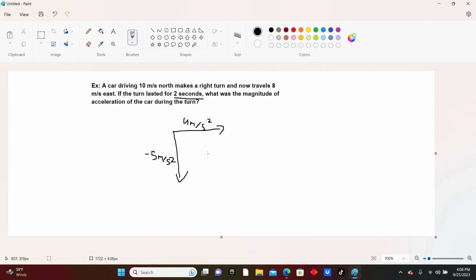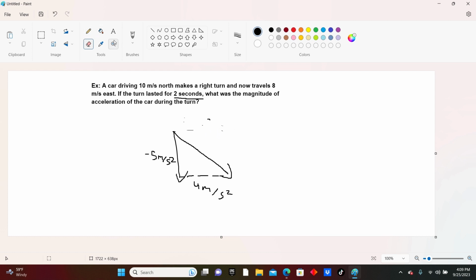Now we're trying to find the magnitude of the component that goes this way. So we can bring this here, so this can become 4 meters per second squared, and I'll erase the rest to make it look simpler.